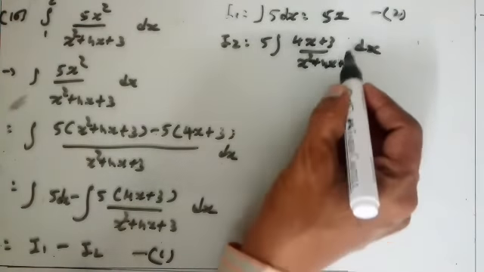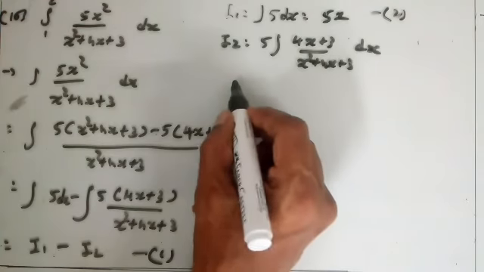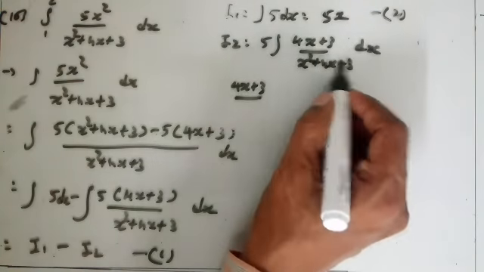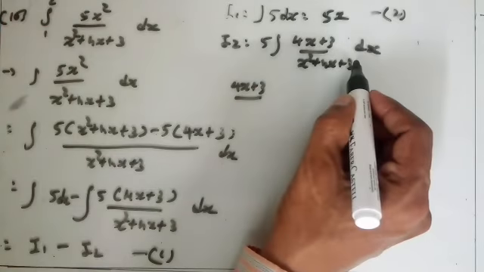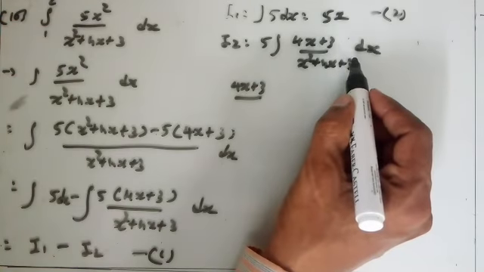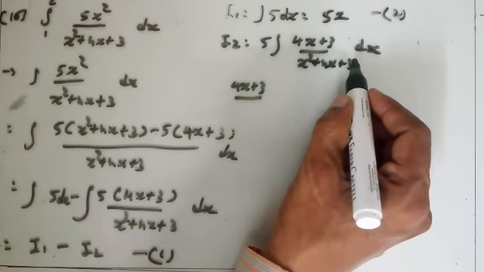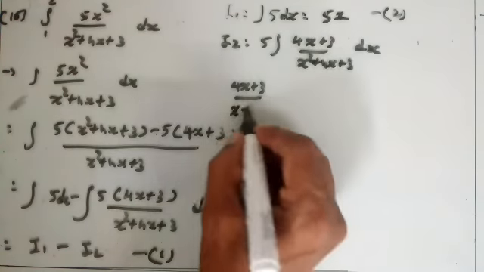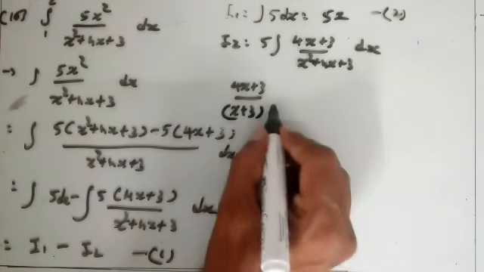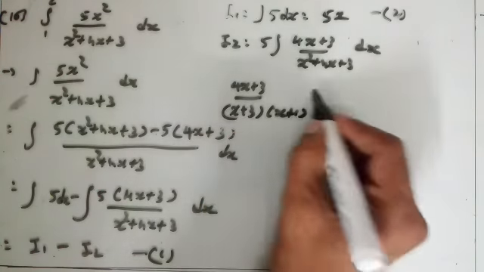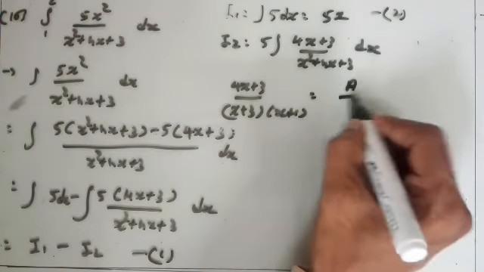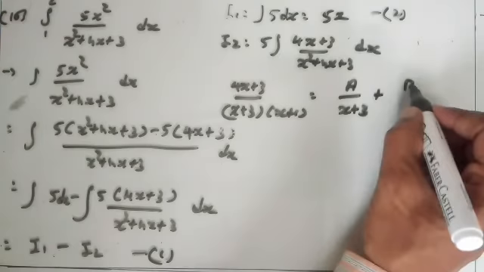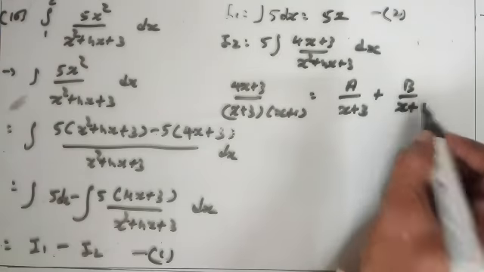By partial fractions, we factor 4x plus 3 upon x square plus 4x plus 3. Factors of 3 are 3 and 1, and 3 plus 1 is 4, so the factors are x plus 3 and x plus 1. So it is equal to a upon the first factor x plus 3 plus b upon the second factor x plus 1.